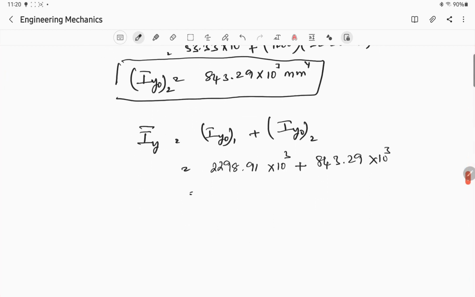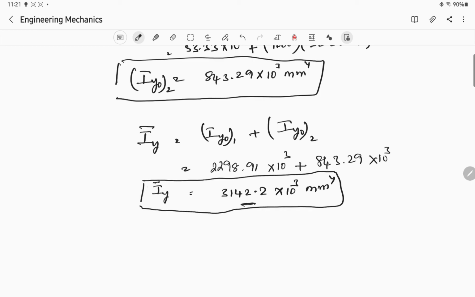Once you calculate all the values, you will get it as 3142.2 into 10 power 3 mm power 4. So this is the value of final moment of inertia about its centroidal y axis.